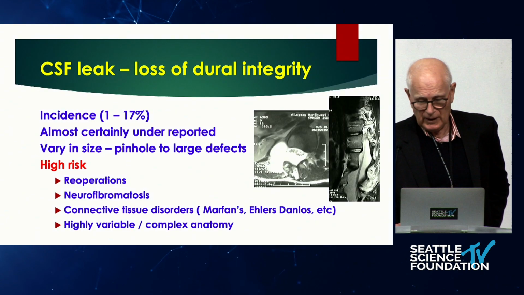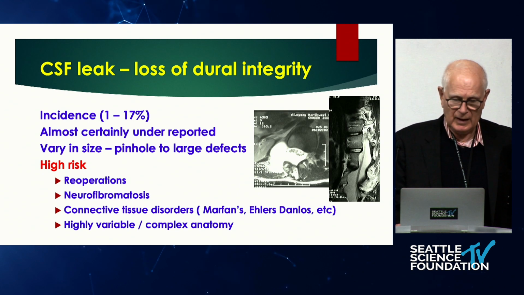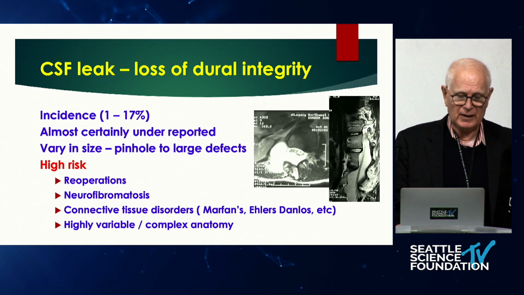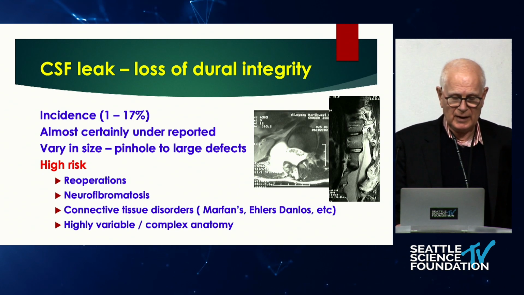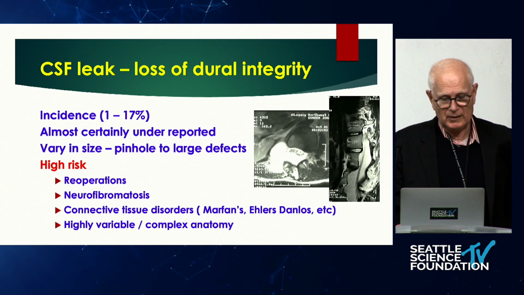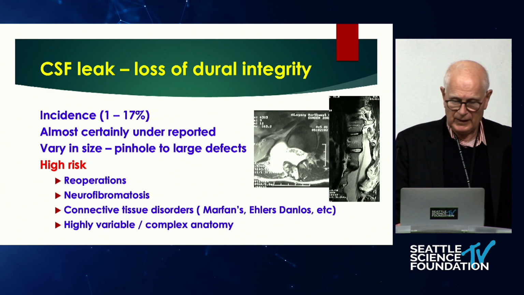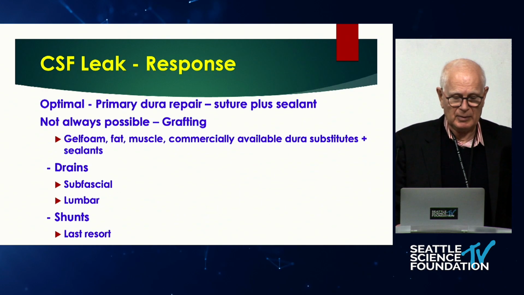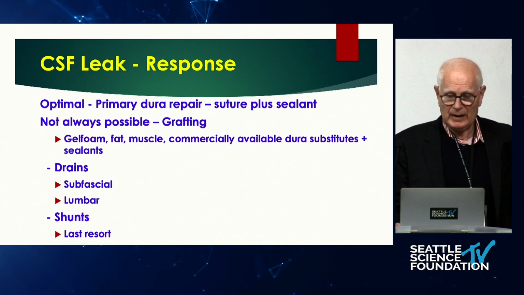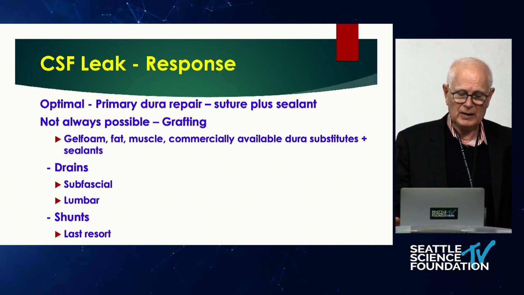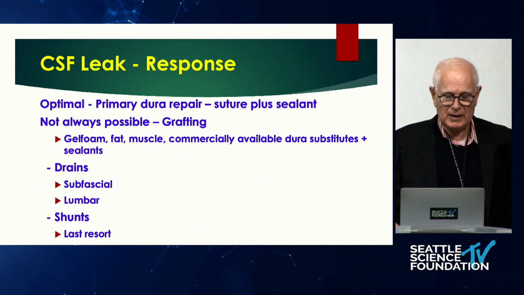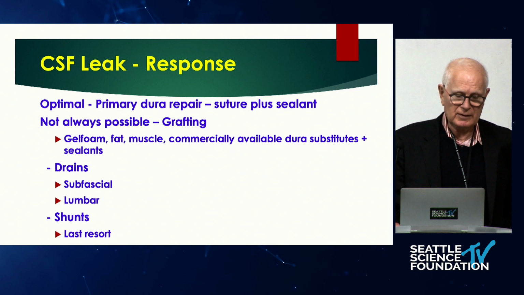Briefly, CSF leak, probably highly underreported incidents. Certainly, operating on kids with neurofibromatosis, all these connective tissue disorders, is highly variable, and with a complex anatomy, it certainly can happen. How do you deal with this? Optimally, you close the dura primarily with the suture and a sealant.